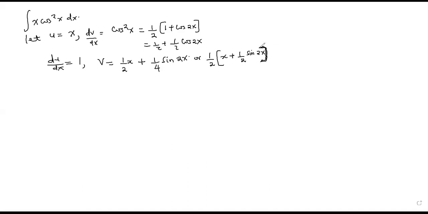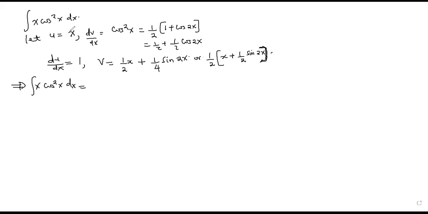Now, it would imply that my integral of x cos squared x dx is the same as uv. So my u is this x, and my v is a half this. So allow me to say that it is equal to uv.